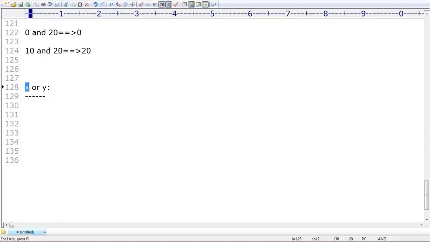In the OR operator, if the first one is true, the result is always true. So if X evaluates to true, then return X. Otherwise return Y.